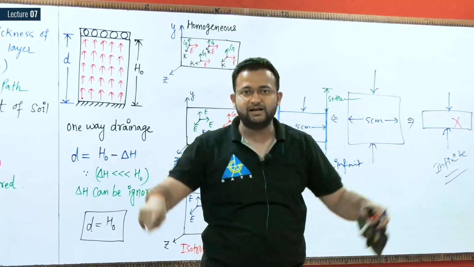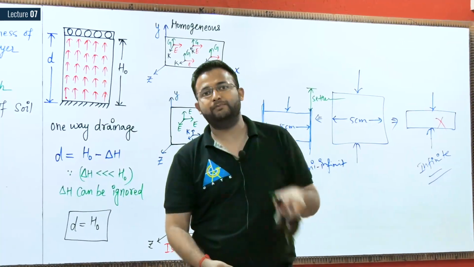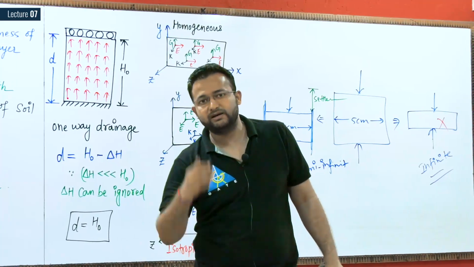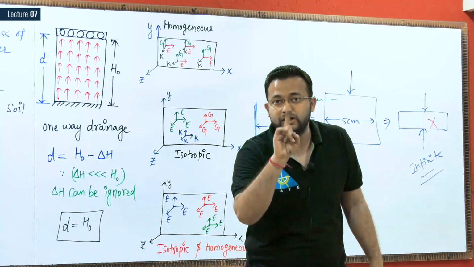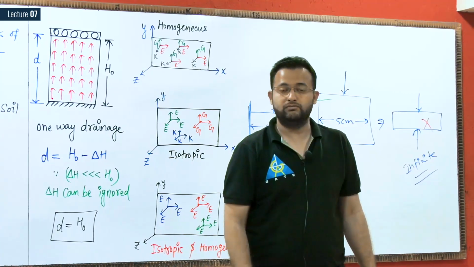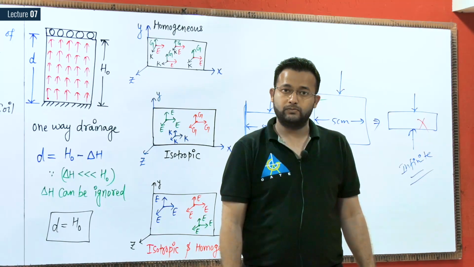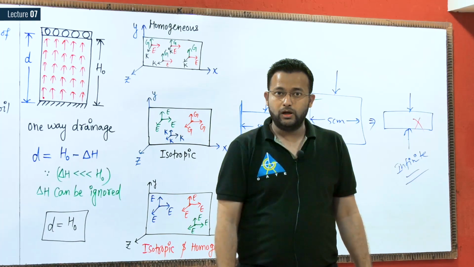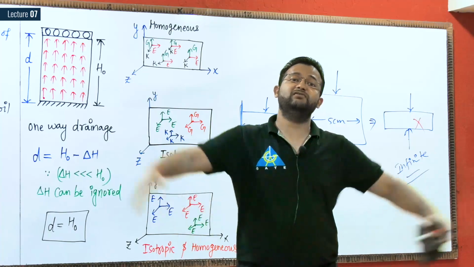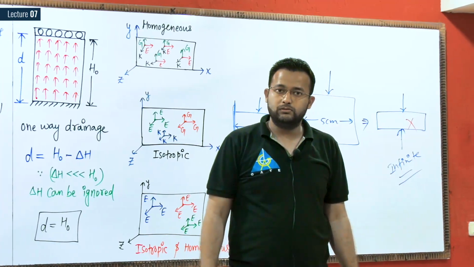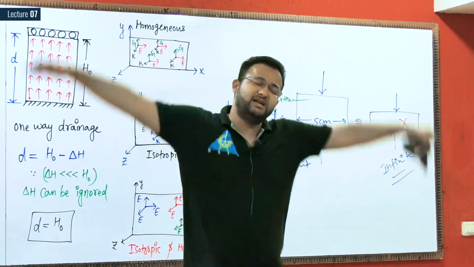I have restrictions in the direction of depth, maybe up to 2 meter, 3 meter, 4 meter or 5 meter. Means we are doing the finite study in the direction of depth, but the area of the soil is infinite. The lateral directions are infinite.